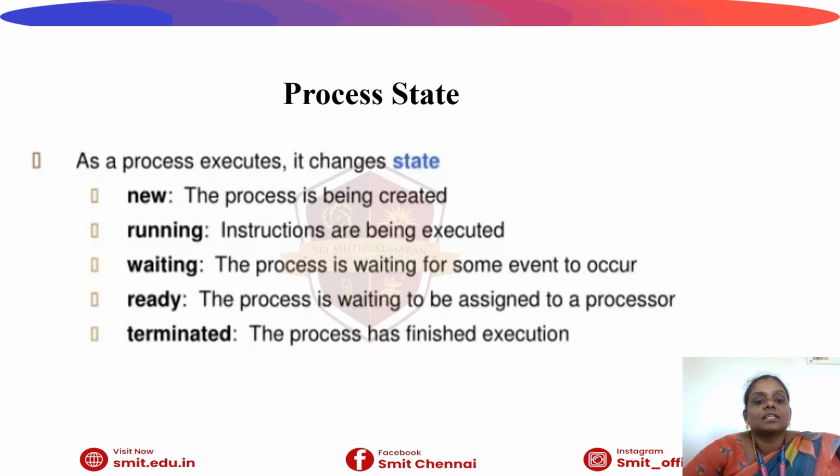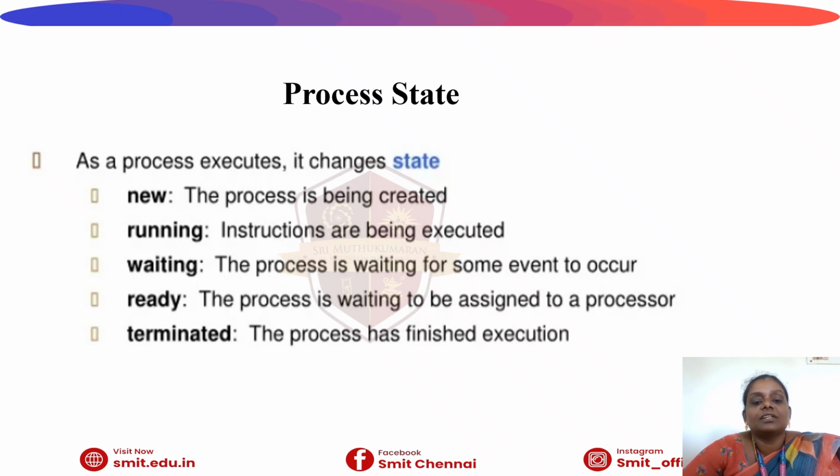Then process state. A process changes its state while executing. It has five states: new, ready, running, waiting, and terminated. New is when the process is created. Ready is waiting for CPU. Running is CPU is executing it. Waiting is waiting for input output devices.